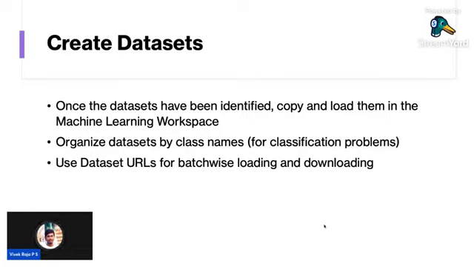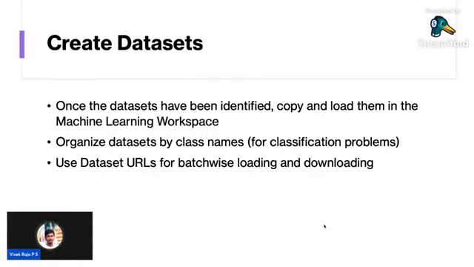For example, if I'm trying to classify different types of furniture, I would capture different images of furniture, for example table, chair, teapot, or whatsoever. I try to capture as many images as possible and organize them by class names to make sure that I can read and access those images easily and help the machine learning problem identify them as well.